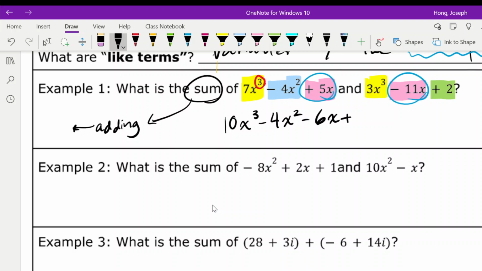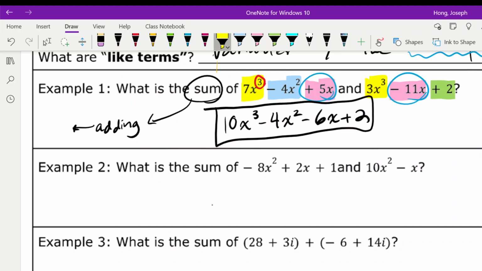And last but not least, this 2 is with nothing. So you should end up with yellow, one blue, one pink, and one green. One of each. Yes, we cannot combine yellow with blue, or we cannot combine x cubes with x squares when we add or subtract. That's adding apples to oranges.